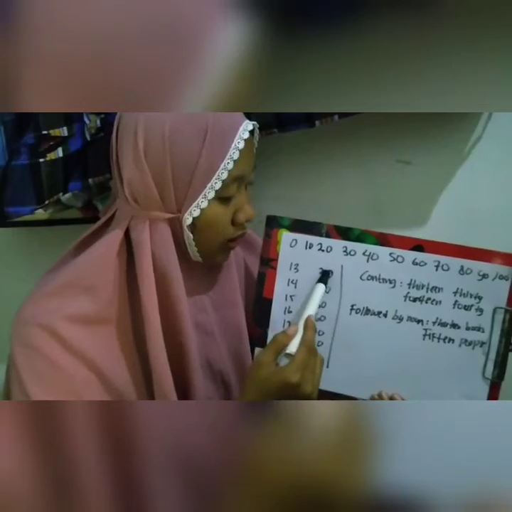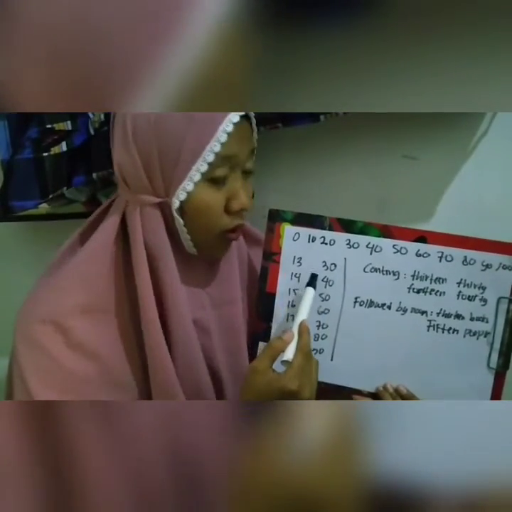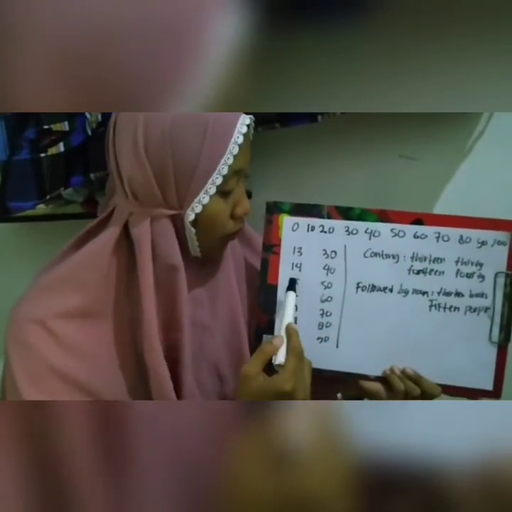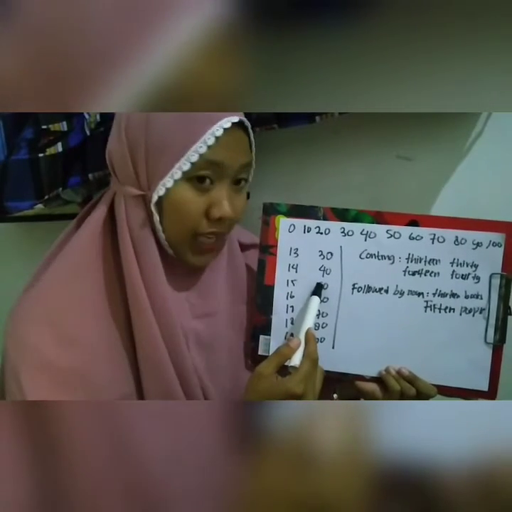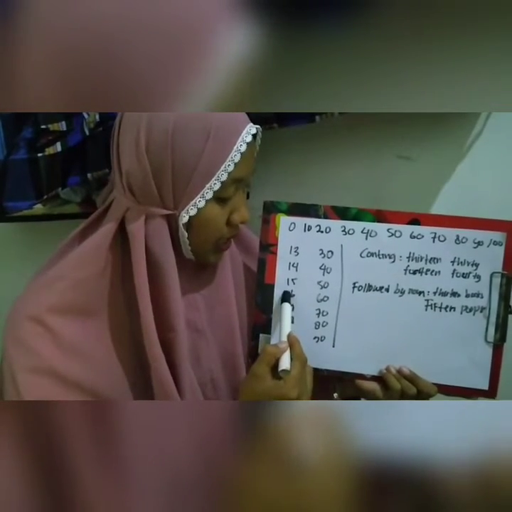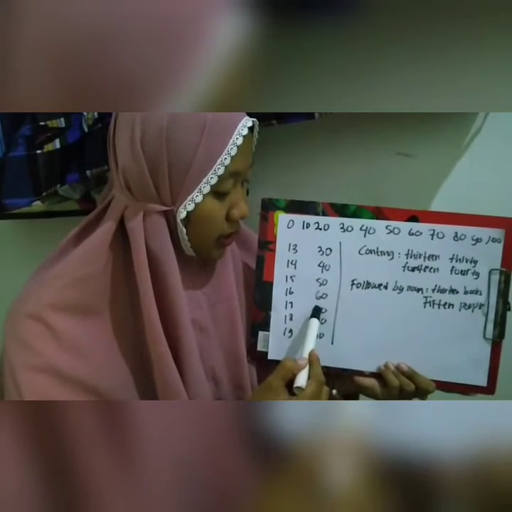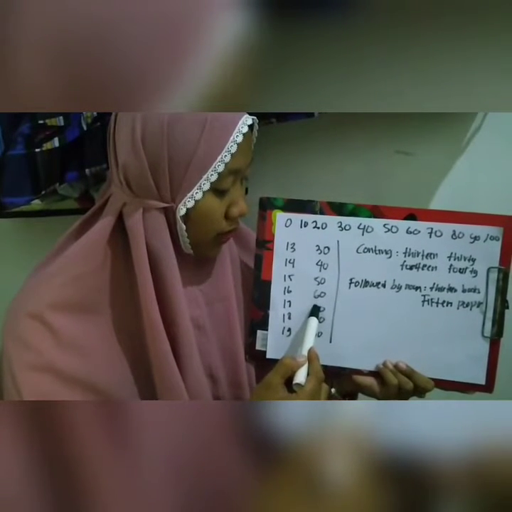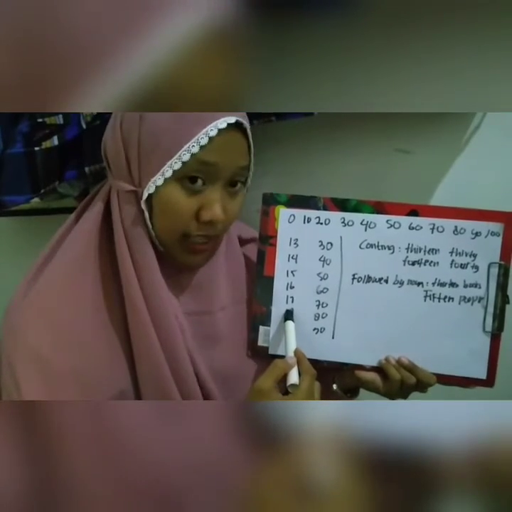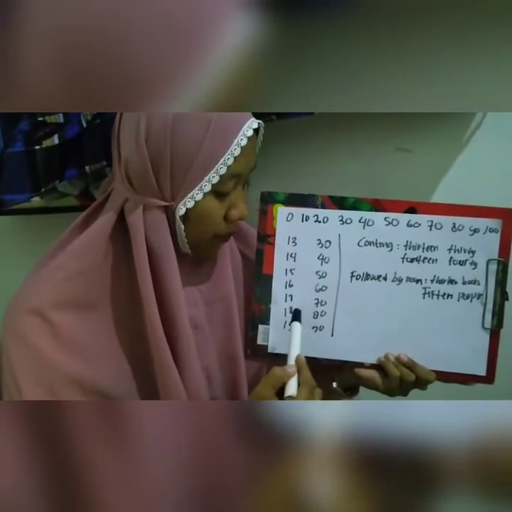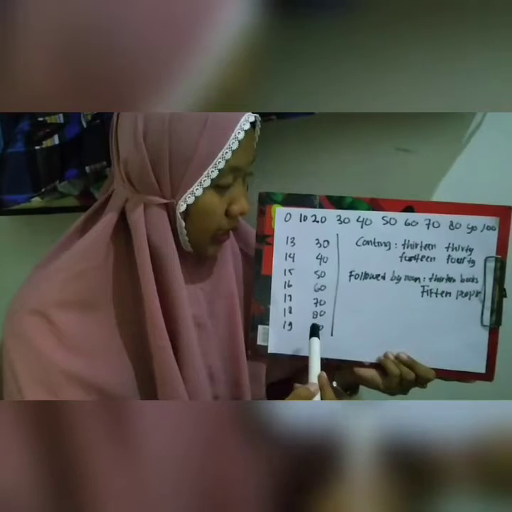Let me read these numbers to you, okay? 13, 30, 14, 40, 15, 50, 16, 60, 17, 70, 18, 80, 19, 90.